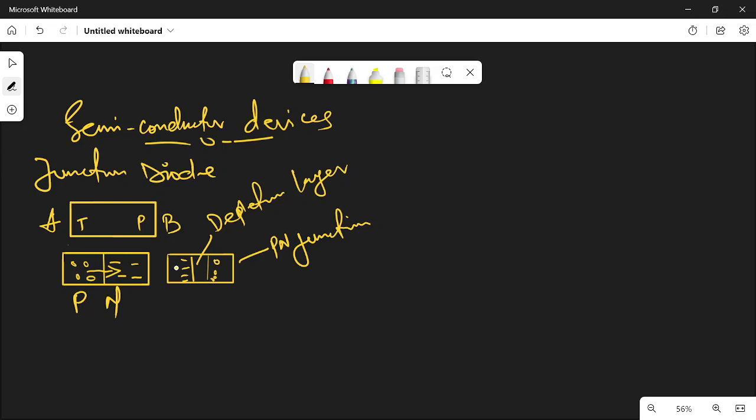That is the barrier between the P and the N side. That's what we call depletion layer, or we call it resistance layer. The thickness of this junction is within 10 raised to power minus 4 centimeter to 10 raised to power minus 6.